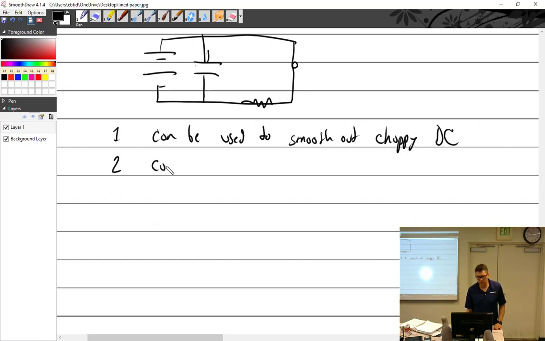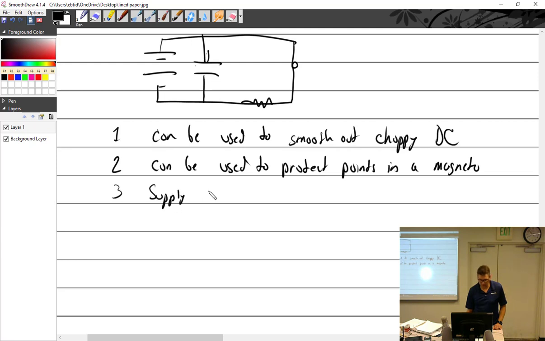Can be used to protect points in a magneto. And if it's big enough, it can supply current for a short time. How long? 5 times, yes.